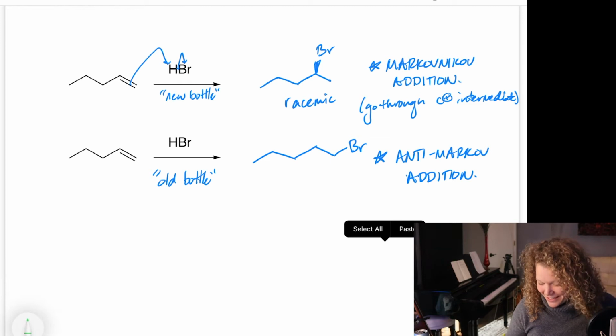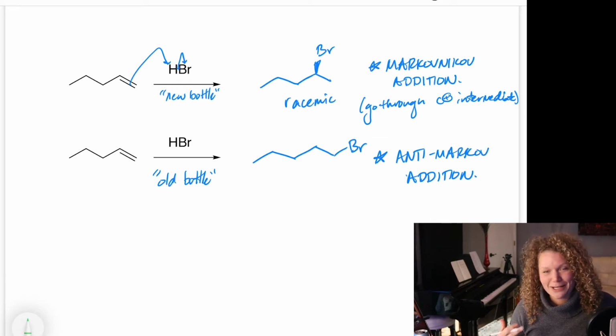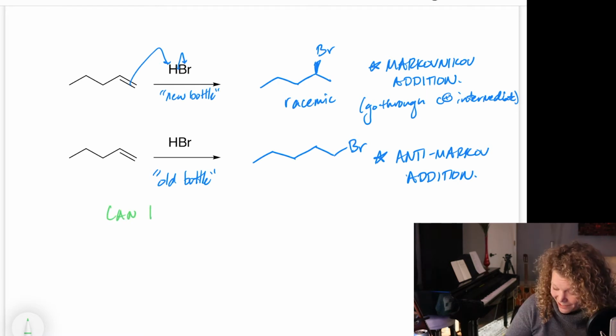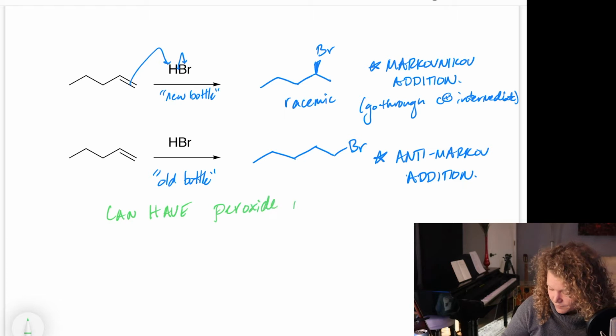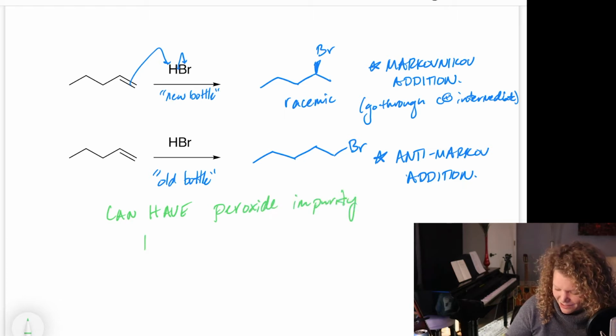Okay, so actually, a really old bottle of HBr will end up having some peroxides in it. And this is what's actually pushing the reaction through a different mechanism. It can have a peroxide impurity. And so it's this like ROOR.